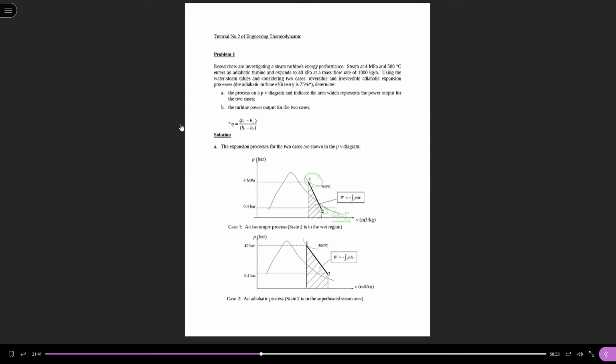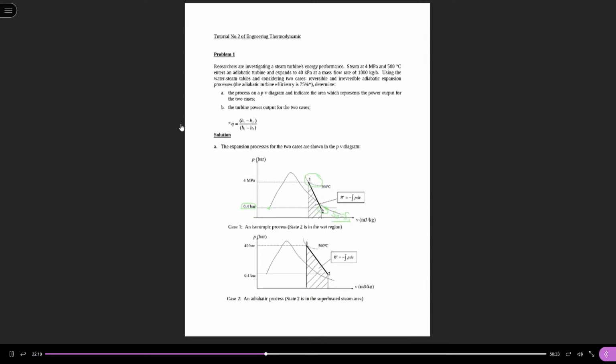We also calculate the dryness fraction, which is 0.912. Therefore we can find the state of state 2 with its pressure and dryness fraction 0.912.